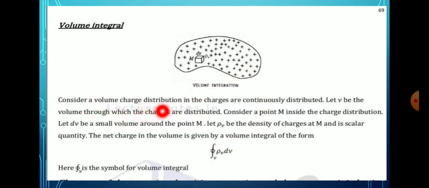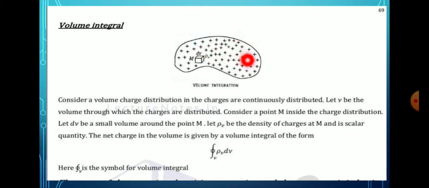Consider a volume charge distribution in which the charges are continuously distributed in the volume. Let V be the volume throughout which the charges are distributed.